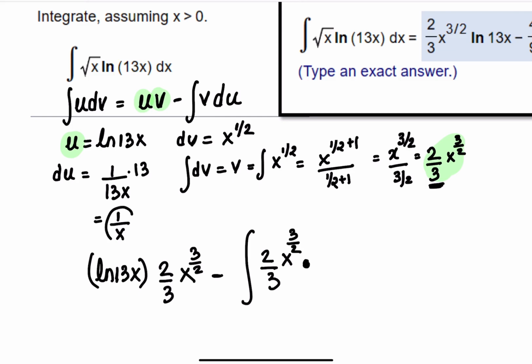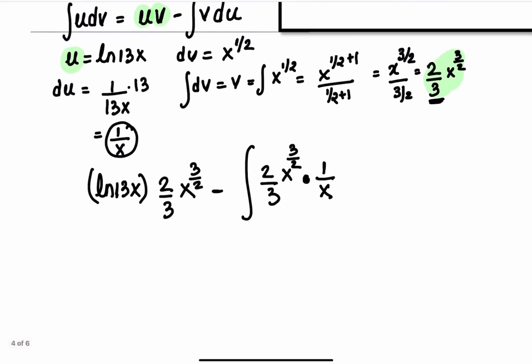What is my du? 1 over x. Remember, this part stays the way it is because there is nothing you can do. Maybe you can just bring the terms and rearrange them. In this case, that's the max you can do here.